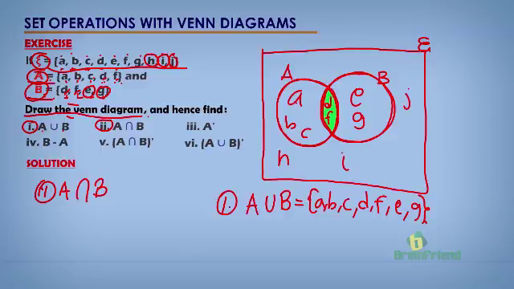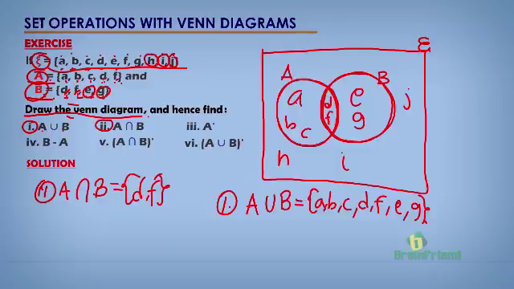That is the part of our Venn diagram that contains similar or common elements between A and B. If we take a look at that region, we have elements within that region, and they are D and F. So the intersection of A and B is the set of elements D and F.